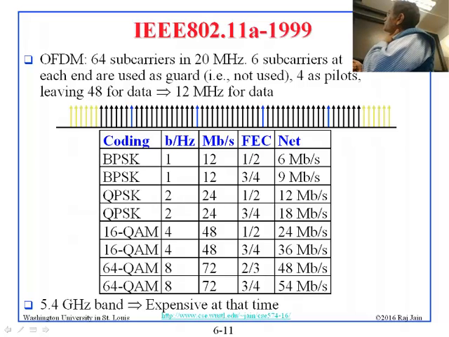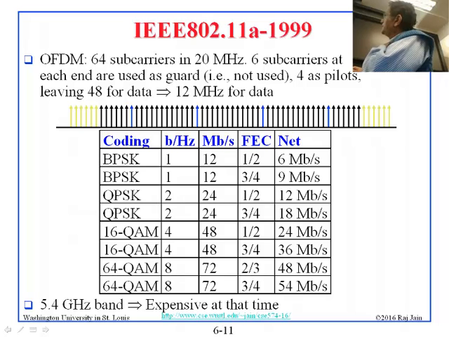And so instead of 20 megahertz, you really have 12 megahertz for data, because out of 64 you have only 48, which is 3/4. Anyway, out of these, basically we get 12 megahertz for data.